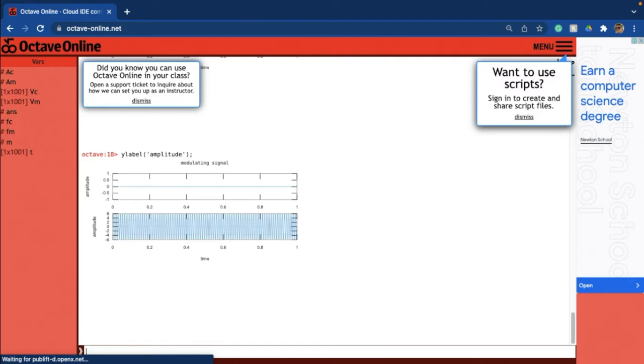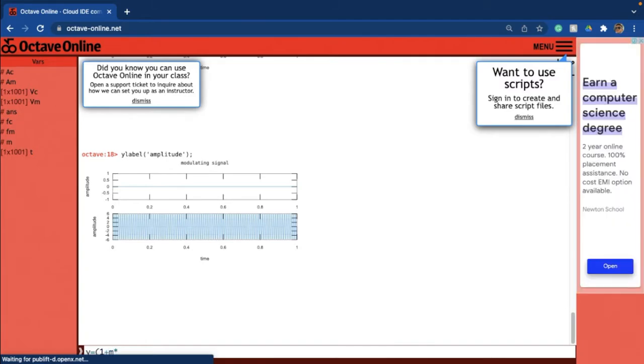Now your modulated signal, the instantaneous value y is equal to 1 plus M into Vm, bracket closed, into Vc.